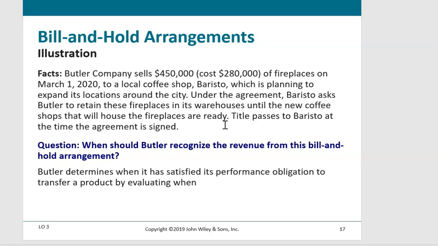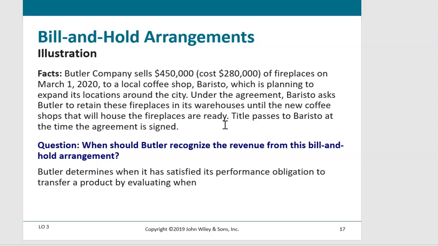The coffee shop is Baristo and is planning to expand its locations around the city. Under the agreement, the customer, Baristo, asks Butler to hold on to those fireplaces until the new coffee shops are ready. Title passes to the customer at the time that the agreement is signed, but bear in mind those fireplaces stay with Butler even though the title passes to the customer.